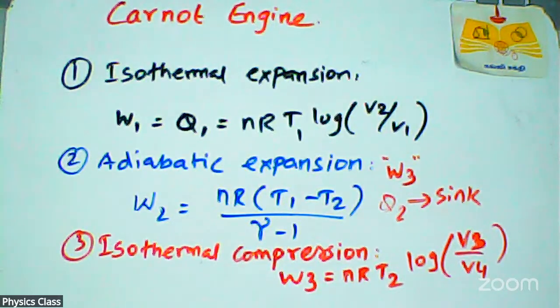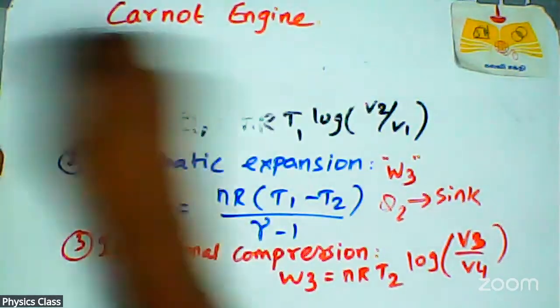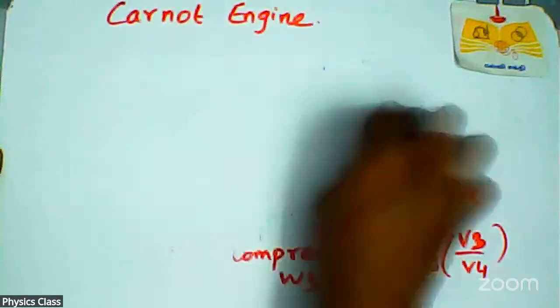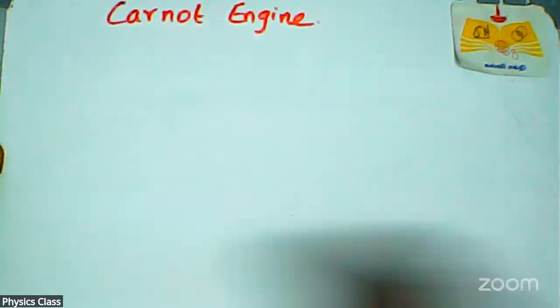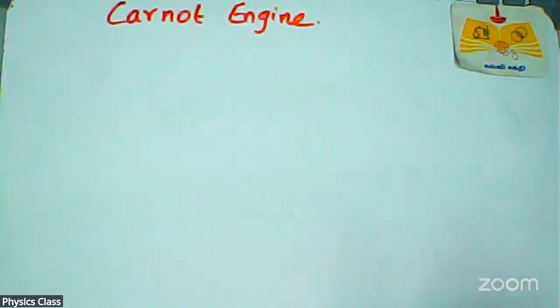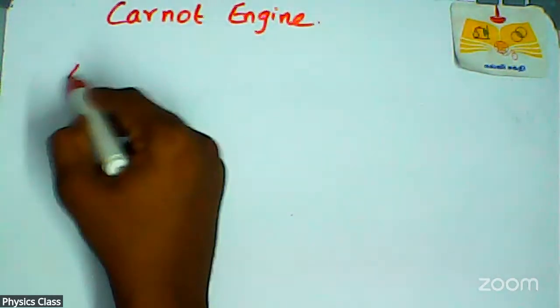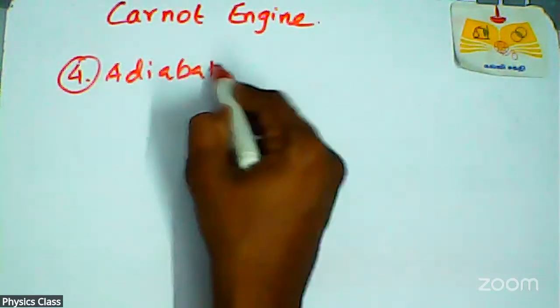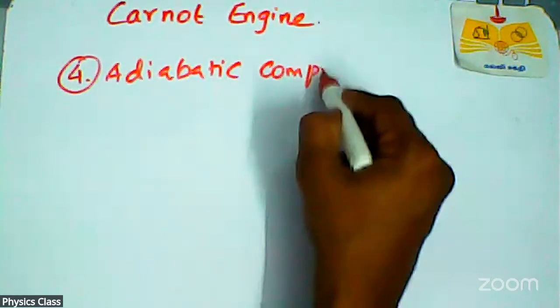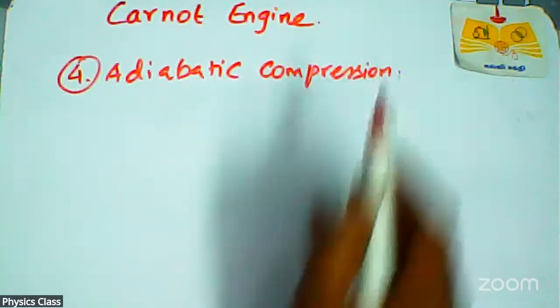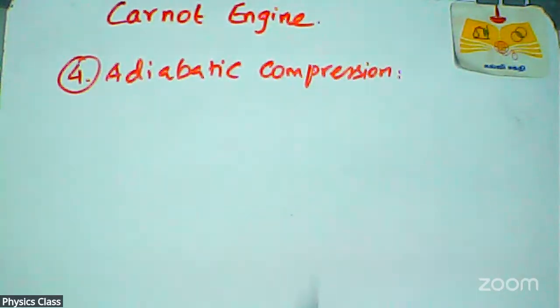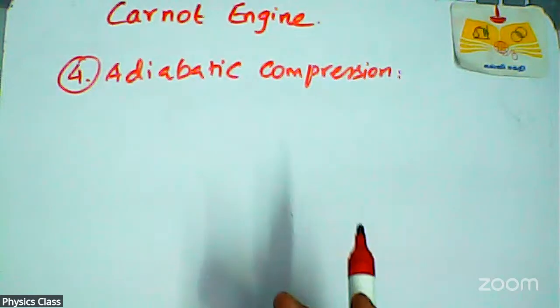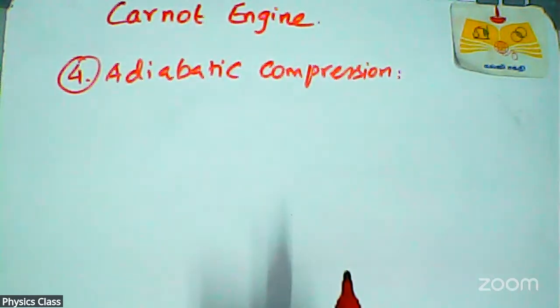Then we can move on to the fourth process, adiabatic compression. In stage 4, the cylinder is positioned on the insulating stand.